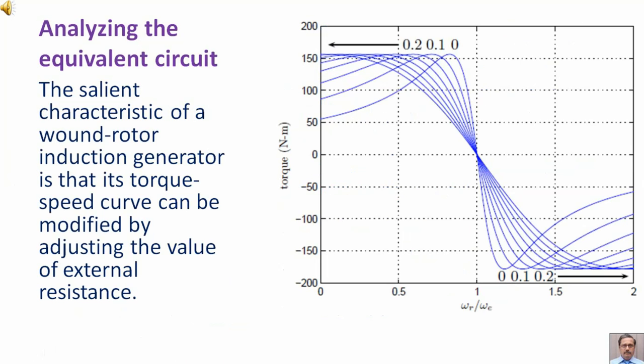The salient characteristic of a wound rotor induction generator is that its torque speed curve can be modified by adjusting the value of external resistance.